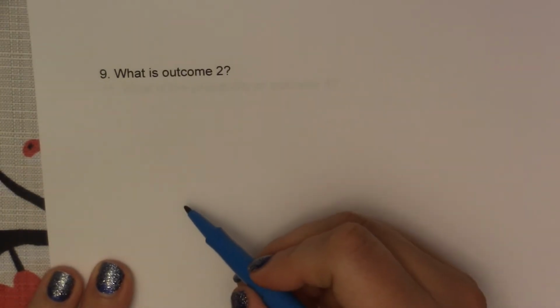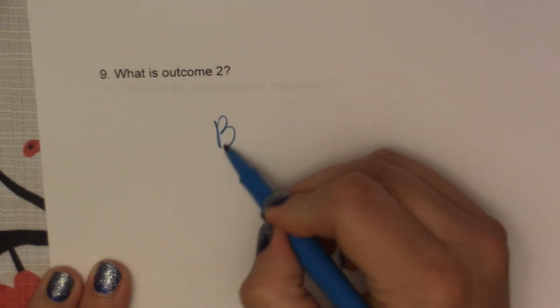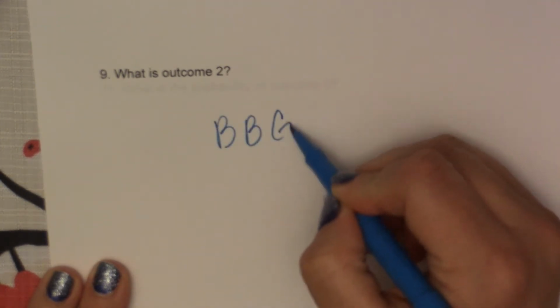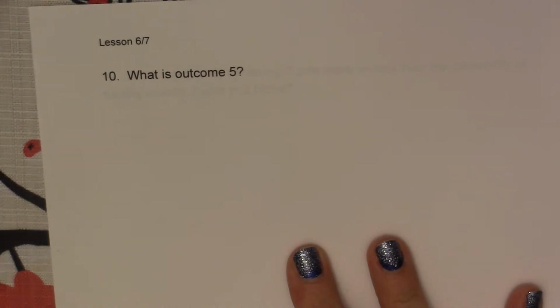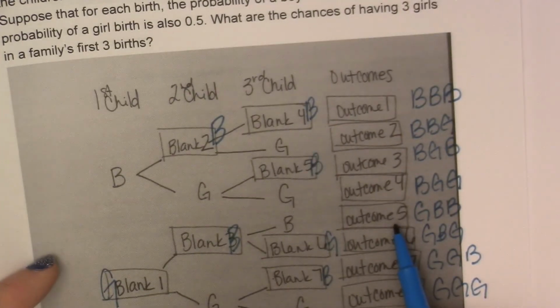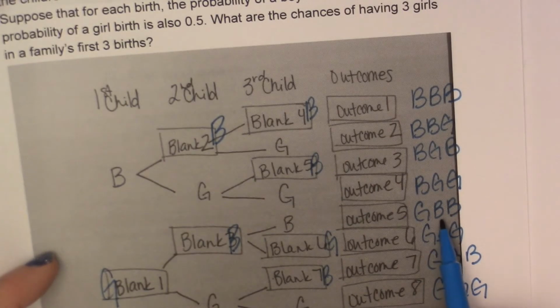Our next question says, what is outcome 2? Outcome 2 in our table was boy, boy, girl. Question 10, what is outcome 5? If we go back to our table, outcome 5 was girl, boy, boy.